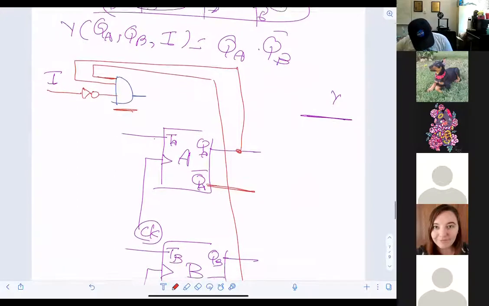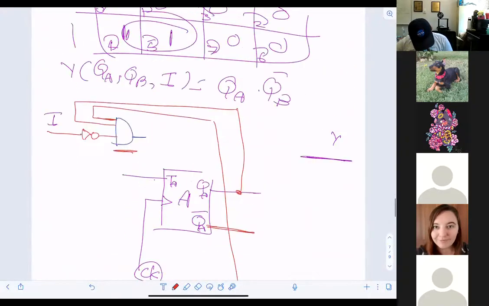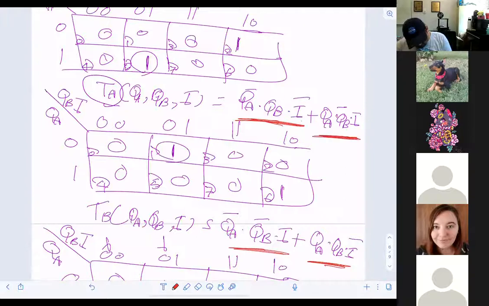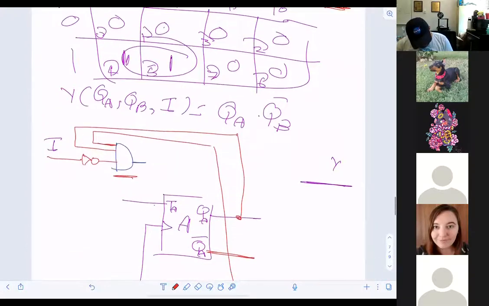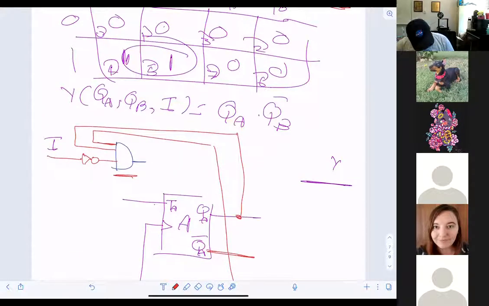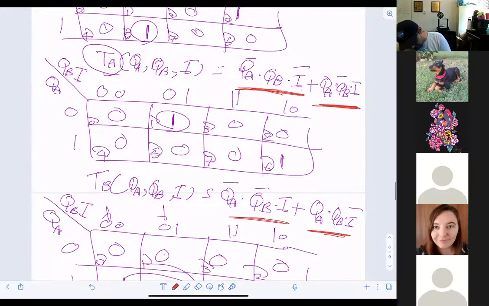Did I make a mistake? No, it's a QA complement. Basically, I implemented this, right? Yeah, you implemented the back one. Now you're doing the second one, but I need to make this I, right? So I have to go back here and make it I. You're right. I implemented the second term, basically. That's right. This is the second one implemented, right? Then now we are on this one, right?